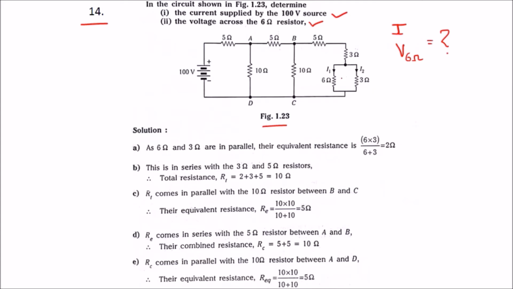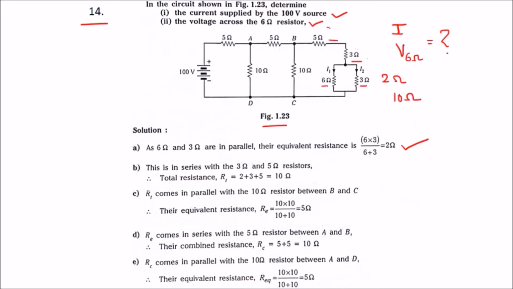So first we need to find the equivalent resistance across this parallel combination, that is 6 ohm and 3 ohm. That would be 2 ohm. Again this 2 ohm will be in series with 3 ohm and 5 ohm, which will be 10 ohm.